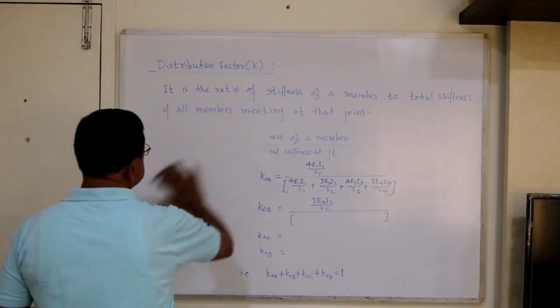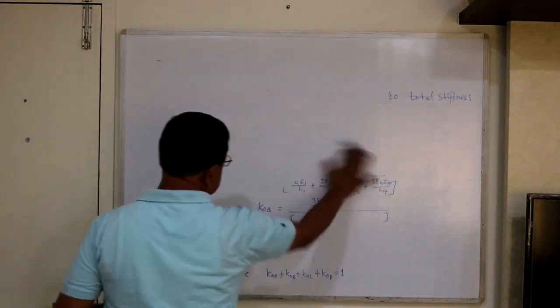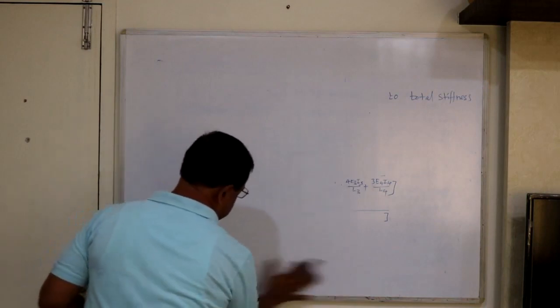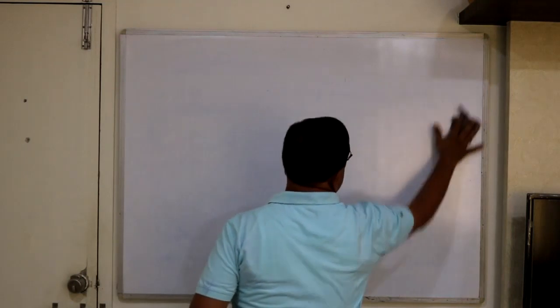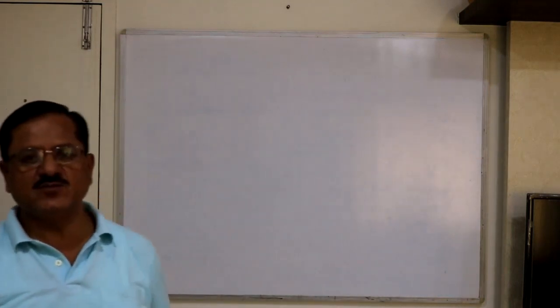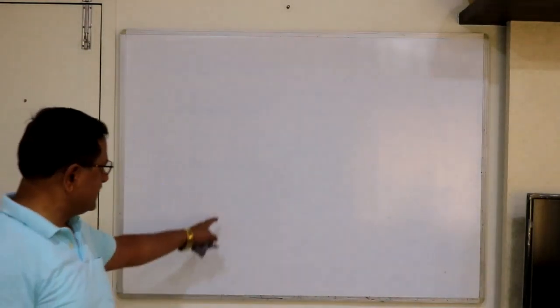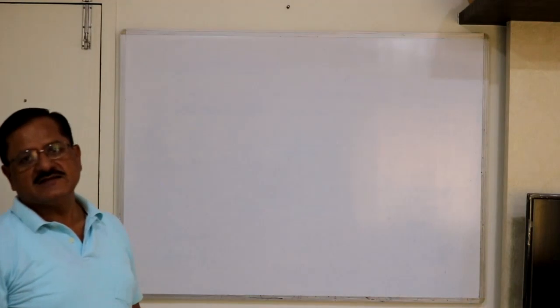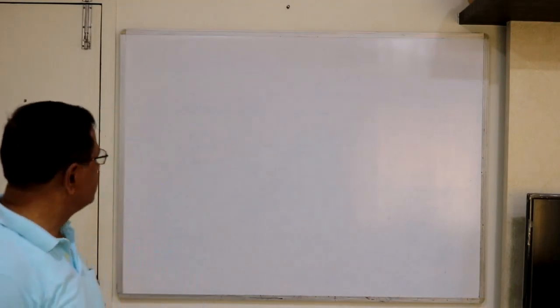Now next, before we start solving the problems, I will again give you the list of formulas, because the first two steps are to find the fixed end moments and to find the distribution factors. Distribution factors we will calculate using the definition I have just given.